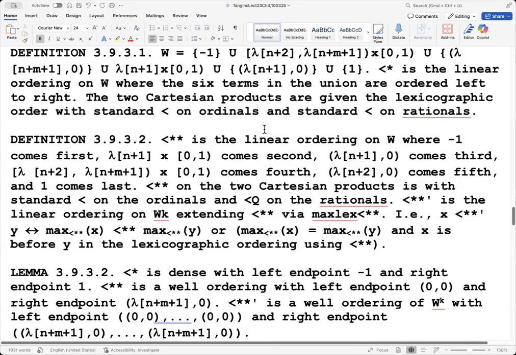I did say some wrong things about down here. I have to fix a little bit. I think this is not actually dense because I'm skipping some stuff. It's not actually dense, but it turns out it's not important for the argument. Once you have a maximal set that's invariant with respect to the stuff that's relevant, you can just extend it to a maximal set that's maximal with respect to everything.